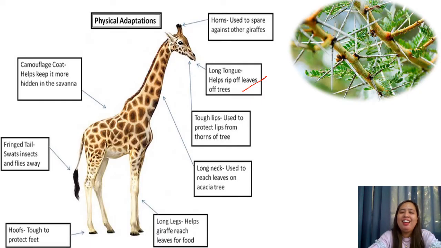But then again, because probably of the exposure to these thorns, yung labi nila now becomes like a rubber to the point that hindi na siya agad-agad natutusok sa prickly thorns ng acacia.